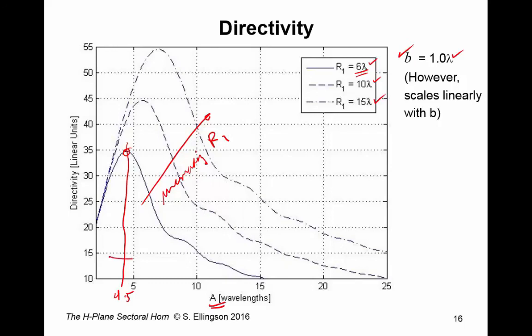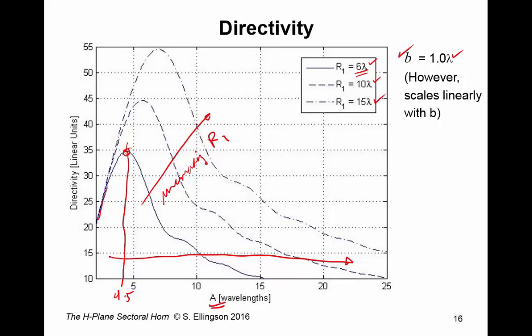But we see that as we increase the overall size of the aperture, A, there's a distinct trade-off. And it's the one we pointed out earlier. If A is too small, we end up with low directivity. Eventually, we hit some optimum value, and then if we keep increasing A, the directivity falls off again, this time because of phase cancellation in the aperture.